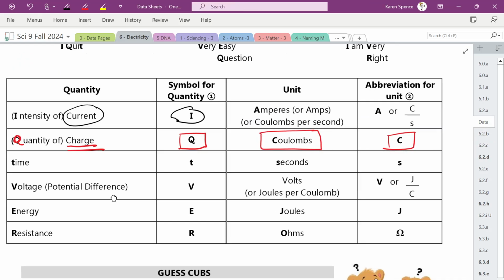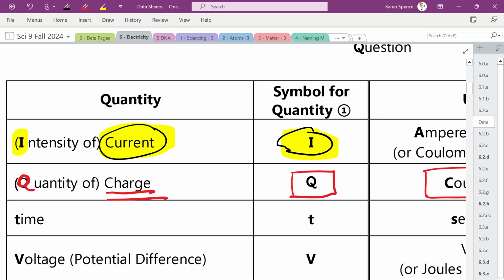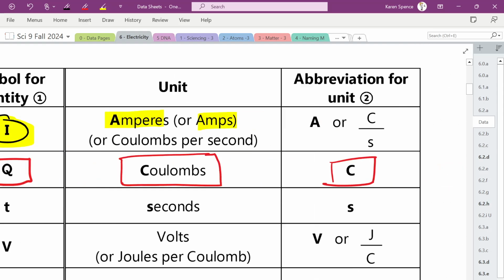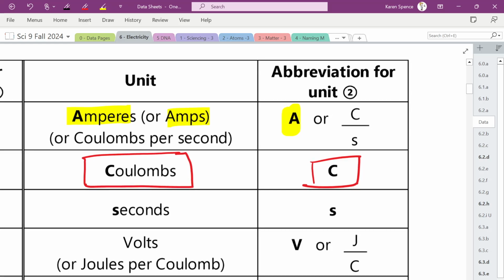So we go to the front of the purple sheet and we say, oh, look, there is current. It even tells you that's the intensity of the current. Its quantity symbol is I. It is measured in amperes or amps, and the symbol is A. Now, if you remember from yesterday, an amp is actually a coulomb per second.